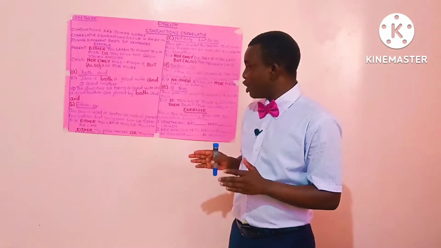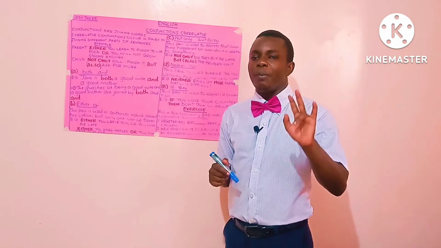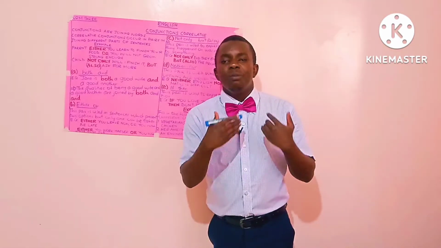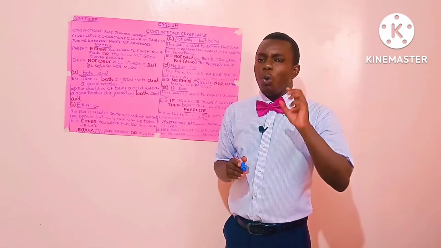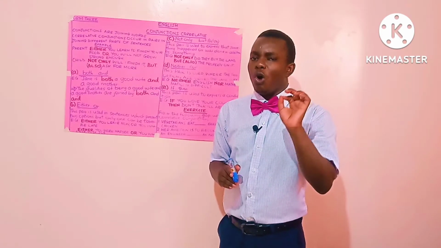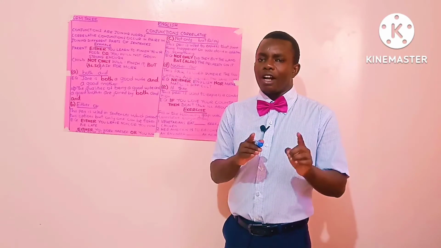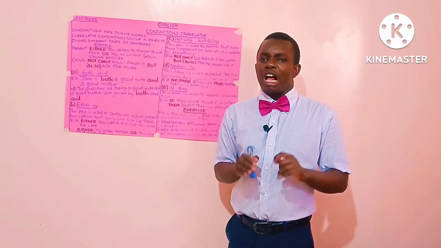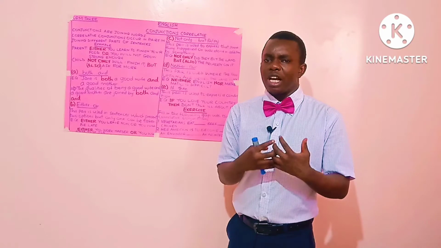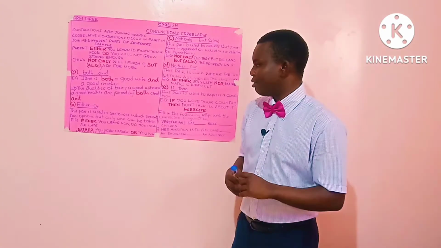So this pair is used in sentences which normally present two options. And between these options, one can only take a single option. Simply put, either or are correlative conjunctions that are used in a sentence where there are two options, but only one option can be taken.